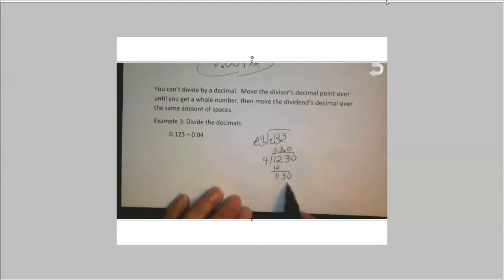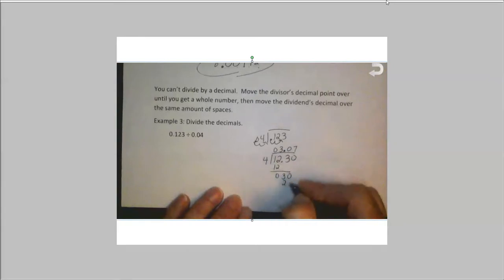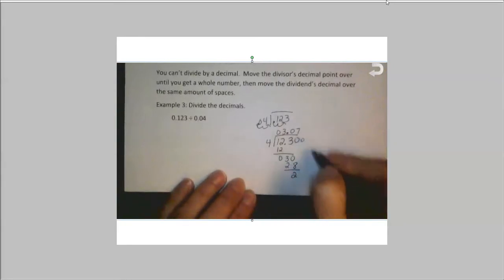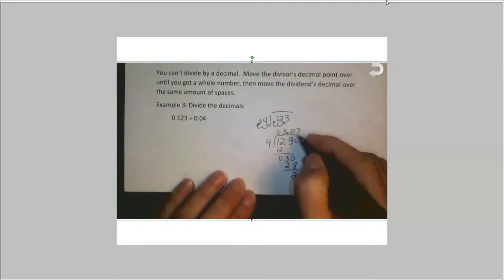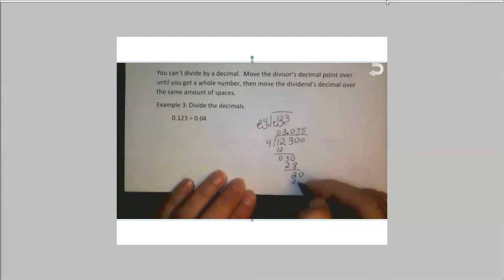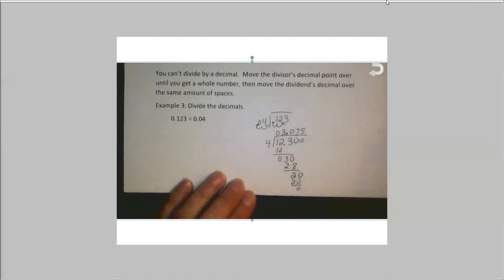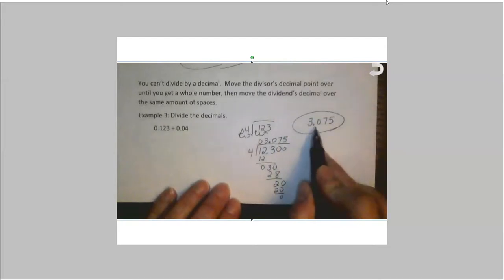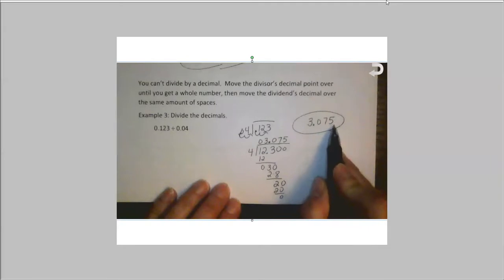So 4 divides into 30 7 times at 28. I'll subtract. Got a 2. I'm just going to keep bringing that 0 down until I can't divide anymore. 4 will go into 20 5 times, and now I have a remainder of 0. So that answer is 3.075, or that's read 3 and 75 thousandths.